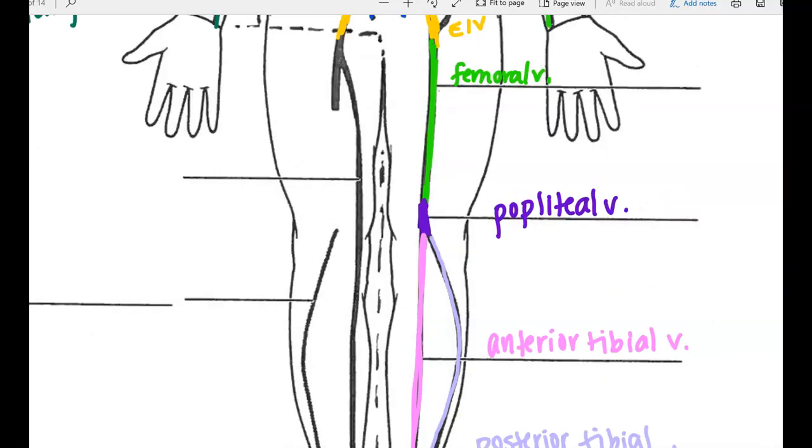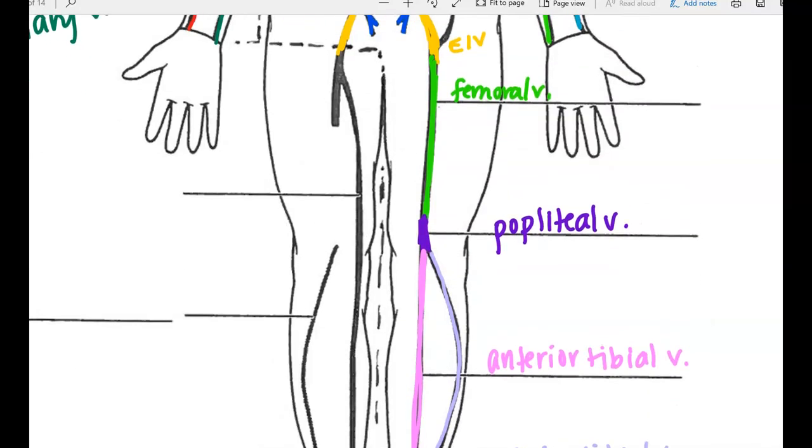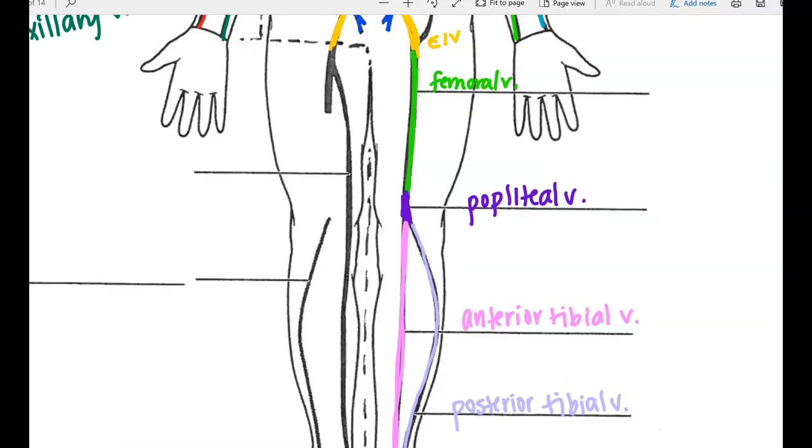Okay, so now let's take a look at the right side of the body. And of course, just to make sure everybody is clear, we have both superficial and deep veins on both sides of our body. We are just separating them to make our illustration a bit more clear. So let's draw in the femoral artery here on the right side as well.